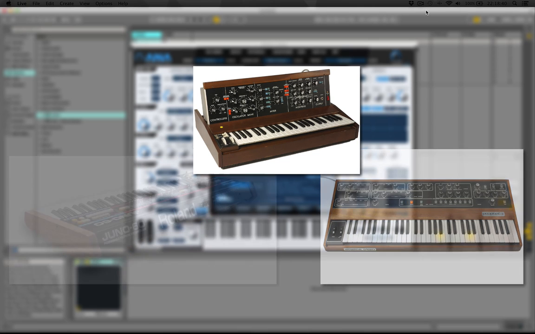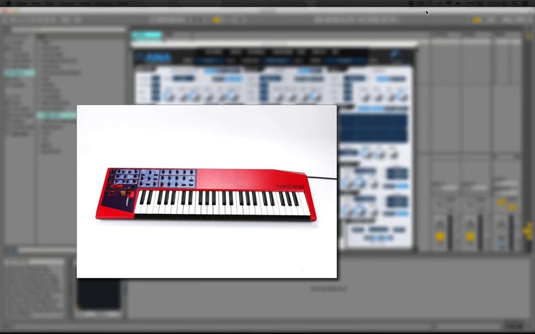Moving forward to the mid-90s, I think it was 1995, a company called Clavia launched something called a Nord Lead. This was the first virtual analog synth on the market. The difference here is that the sound was created using DSP code instead of electrical components.